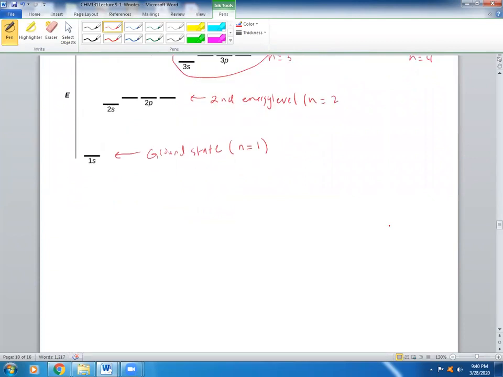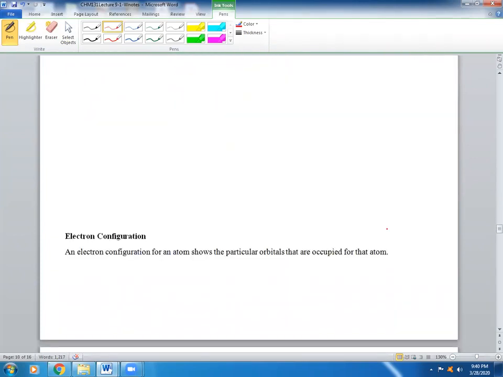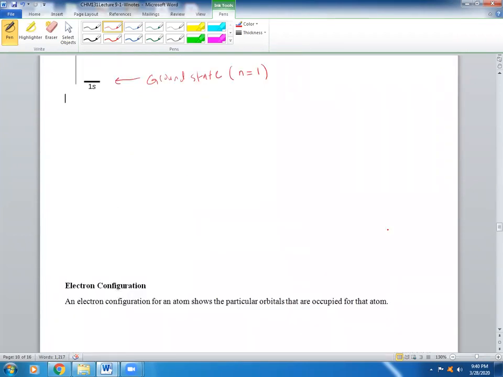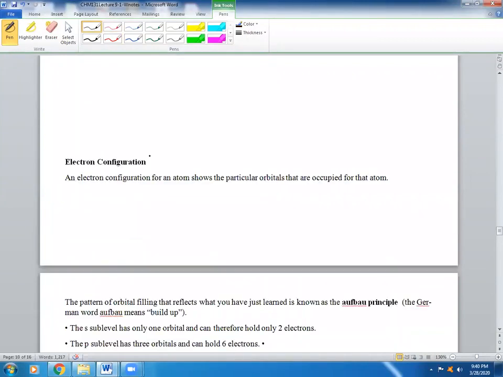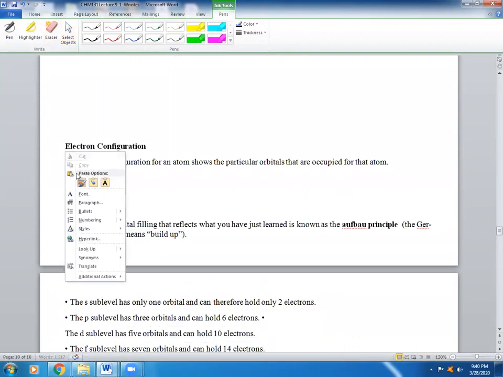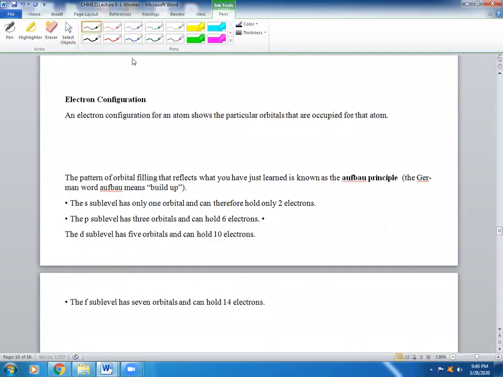So this brings us to electron configuration. It's a very important topic. All it is, imagine you have an analogy.